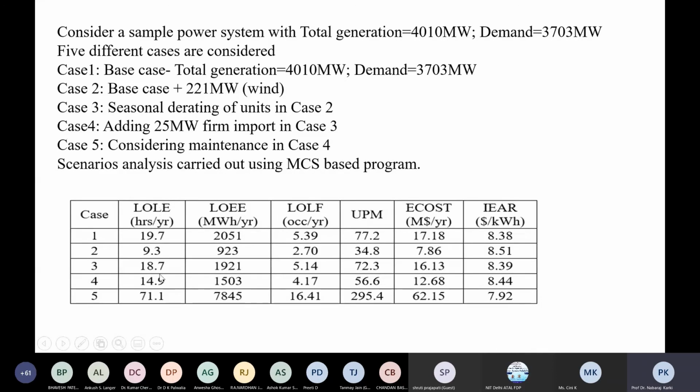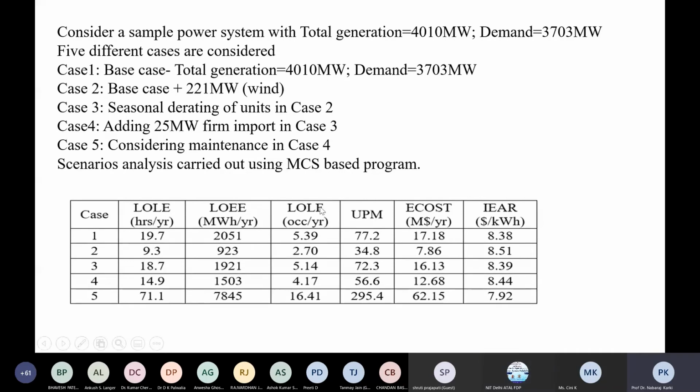LOLE, loss of load expectation, means the system is unable to meet the hourly demand. That is 71.1 hours per year, and the loss of energy expectation is highest, 7,845 megawatt hours per year.